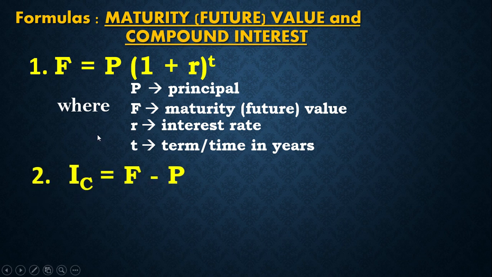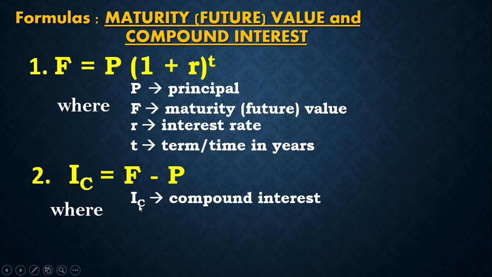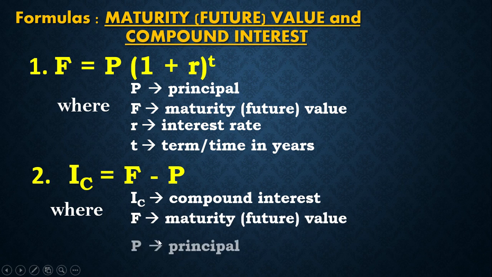And then after finding the maturity, future value, we have to compute for the compound interest. Compound interest is denoted by big letter I with subscript small letter c. That is equal to F minus P, where big letter I with subscript small letter c is the compound interest, F stands for the maturity, future value, and P is for the principal.